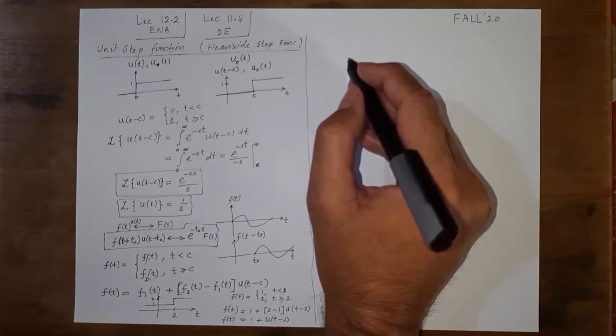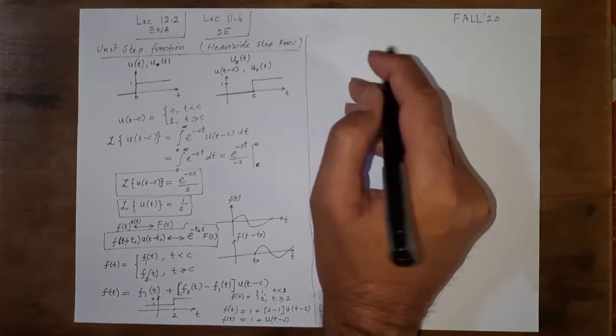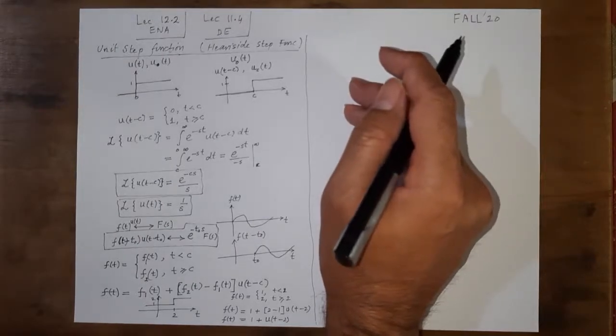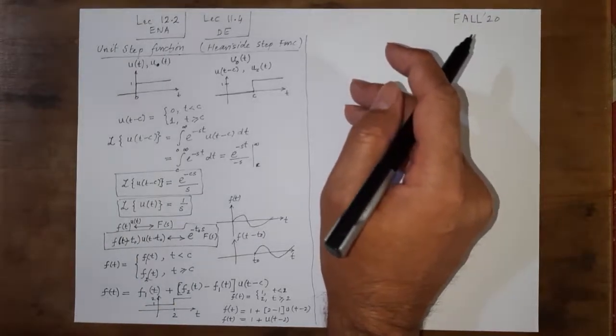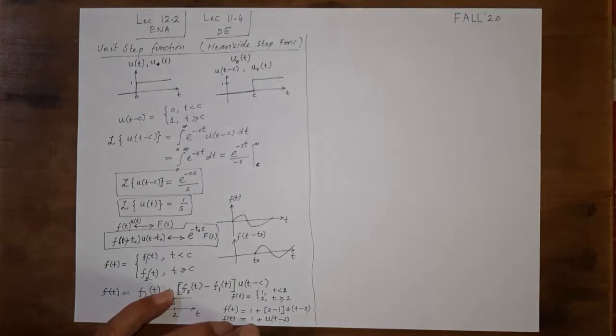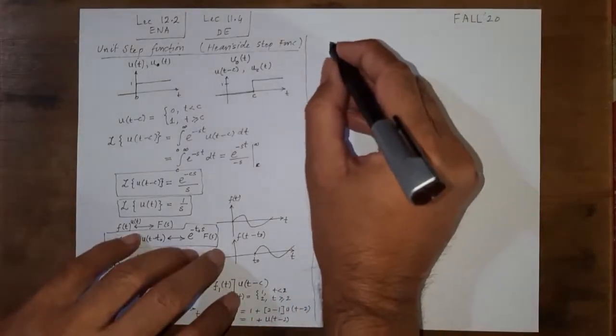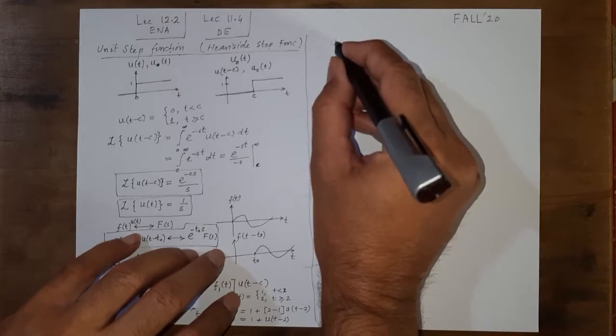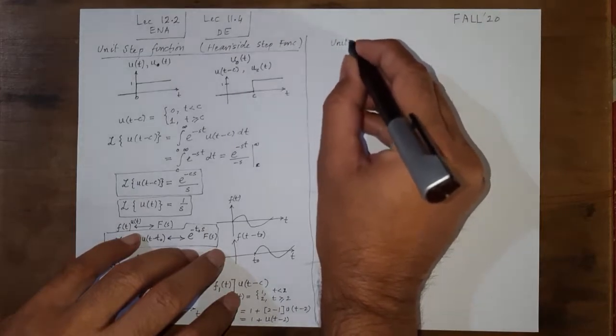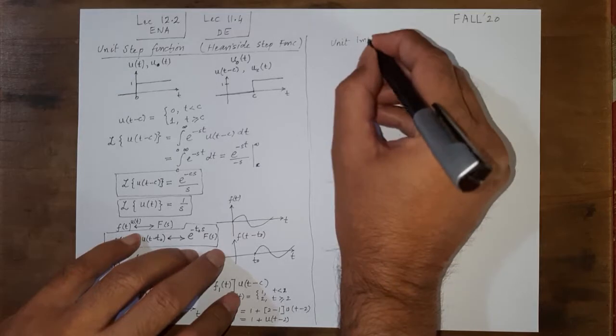I think I did not describe it. Let me just verify it again. Okay, so that function is known as the unit impulse function.